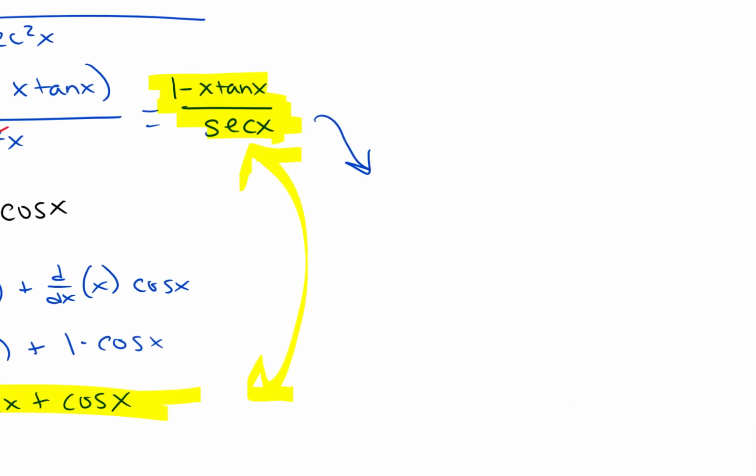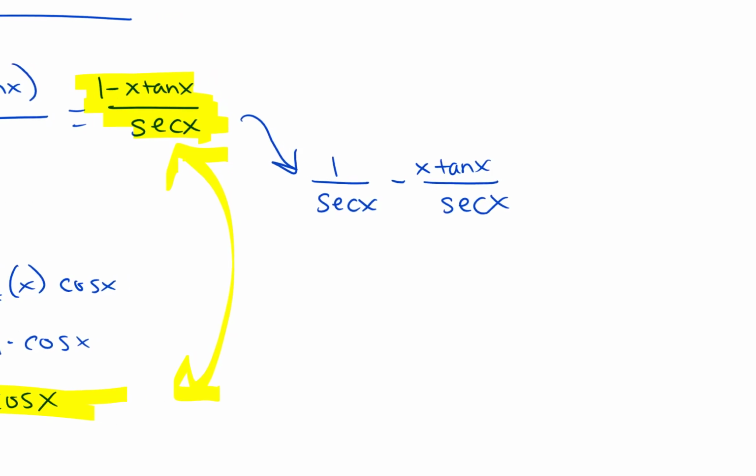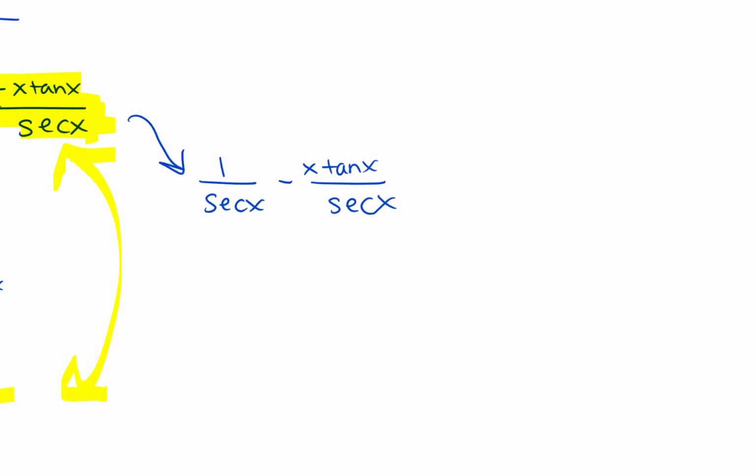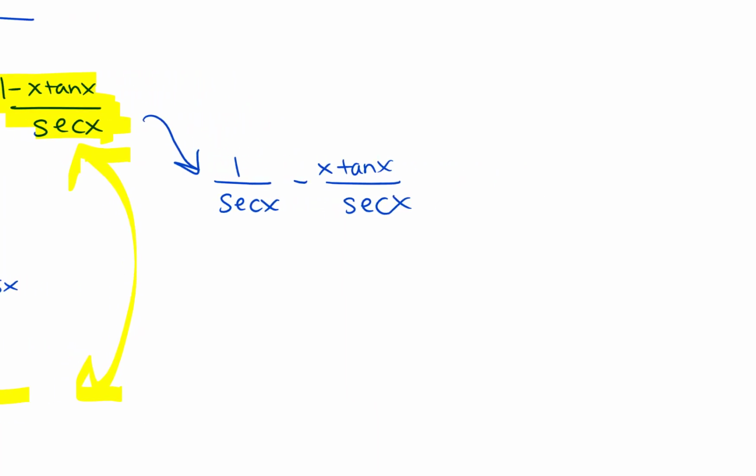So if I take this 1 minus x tangent of x over secant, I'm going to choose to break that fraction apart. And a nice trick for simplifying trig expressions is to write everything in terms of sine and cosine. So 1 over secant, well, secant is 1 over cosine. Tangent is sine over cosine. And we have another secant.